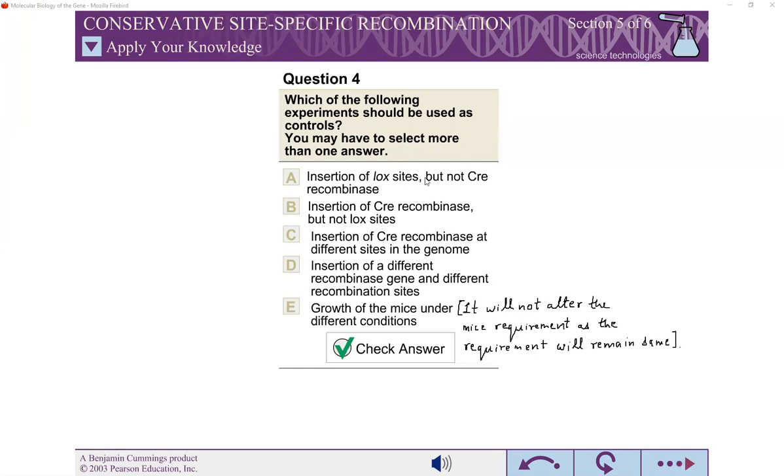Insertion of lox site but not Cre recombinase. You should insert the lox site but not Cre recombinase in order to find whether the recombination was taking place by itself or it was a Cre induced recombination.